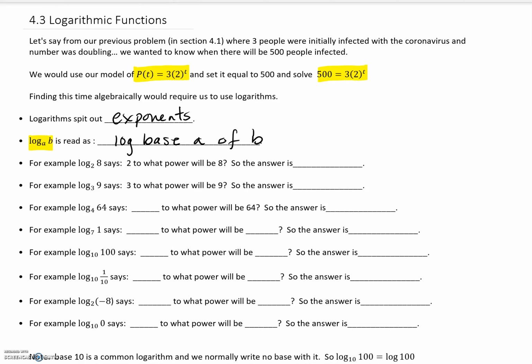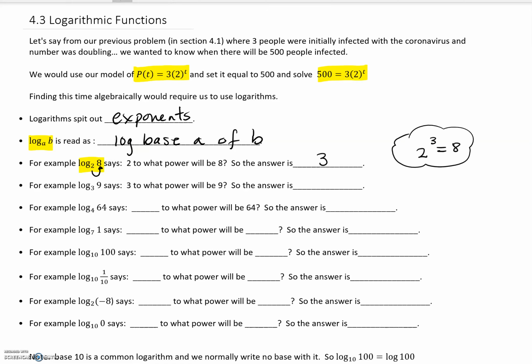If I'm looking at log base 2 of 8, that basically says 2 to what power will be 8. You're at 2, you're trying to get to 8, and you're seeing what exponent is required. The answer would have to be 3, since 2 cubed is equal to 8.